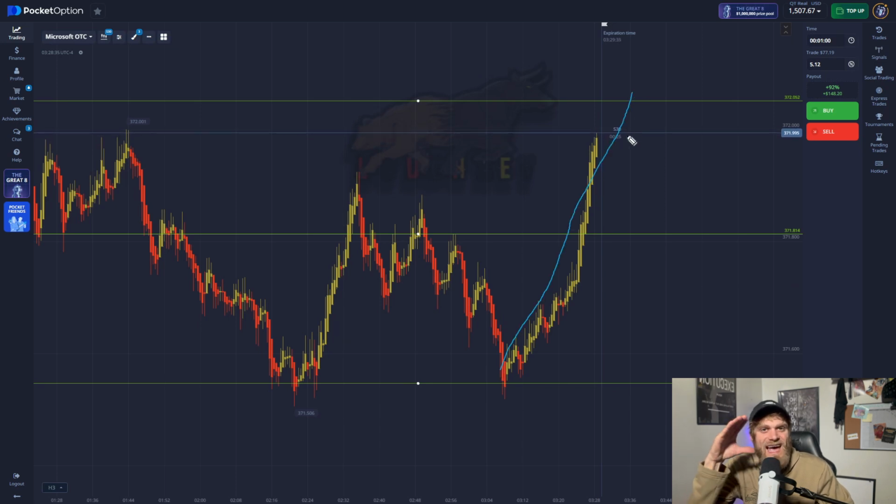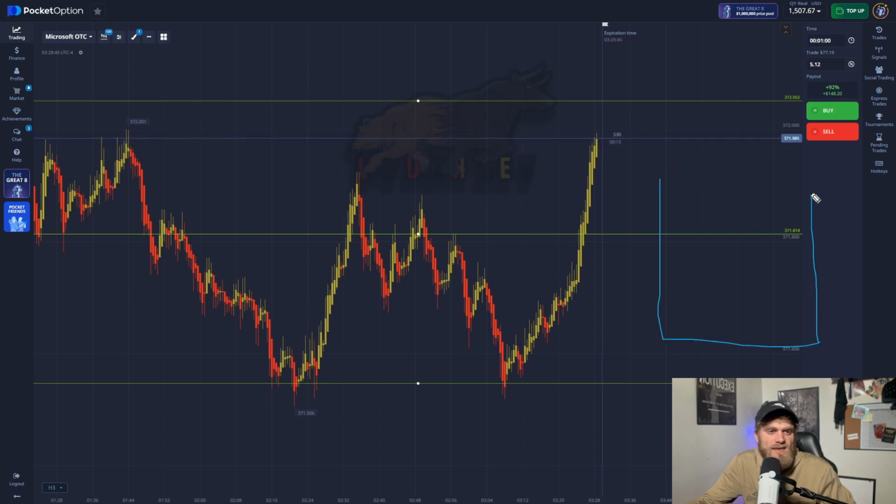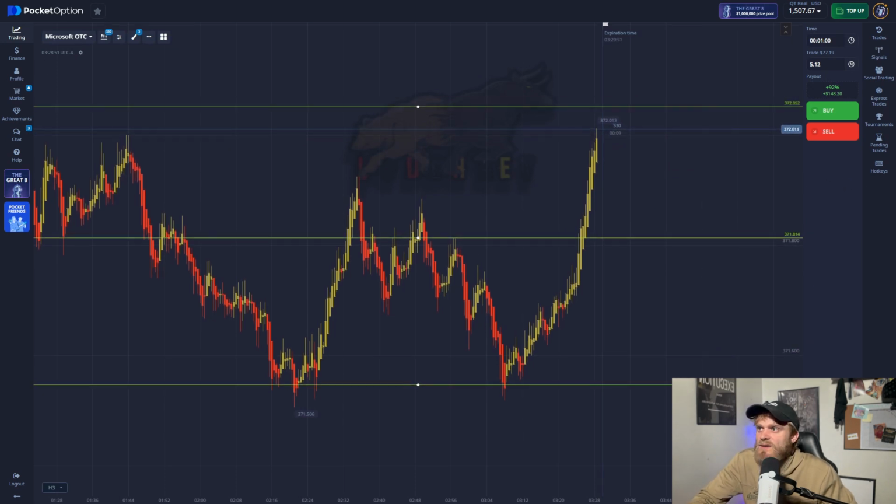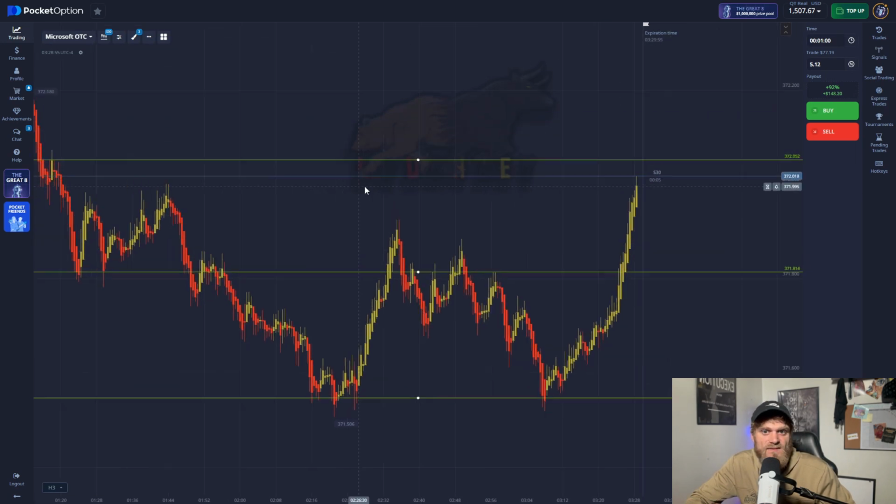But what's going to happen eventually? It's going to come back down. Why? Because just look at this area. It needs filled, right? It's going to need filled. It doesn't have to come back right now, but eventually it's going to need filled.